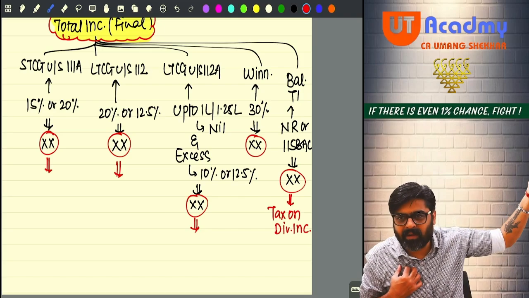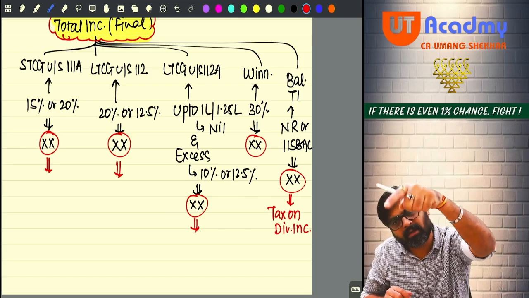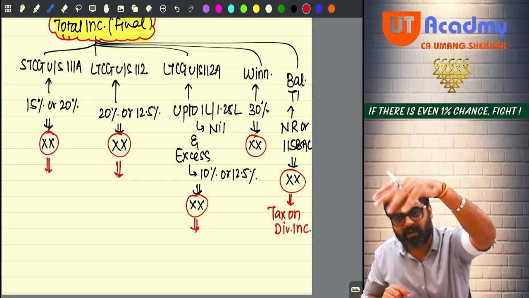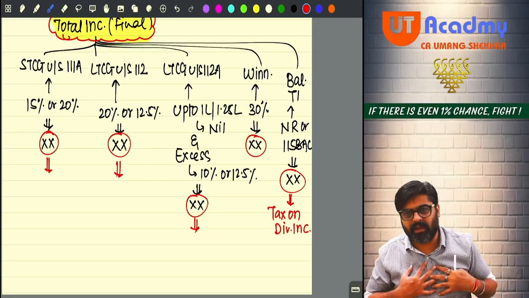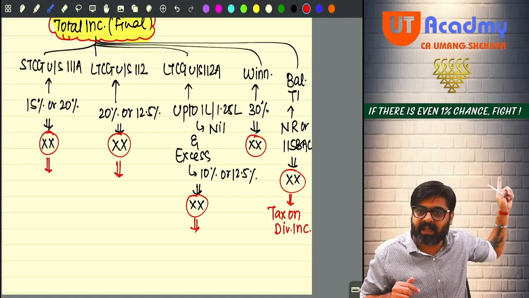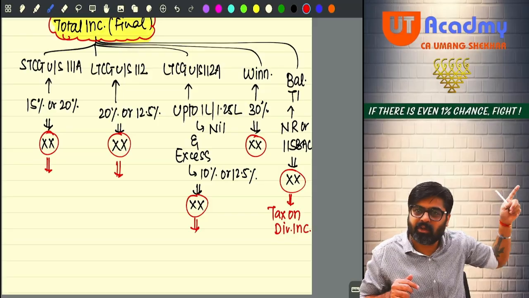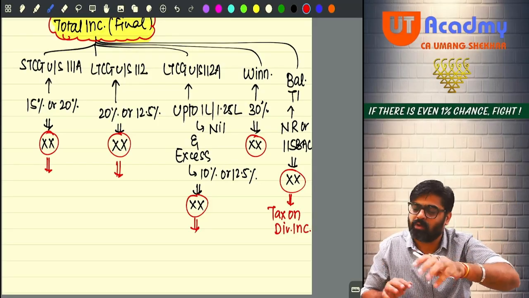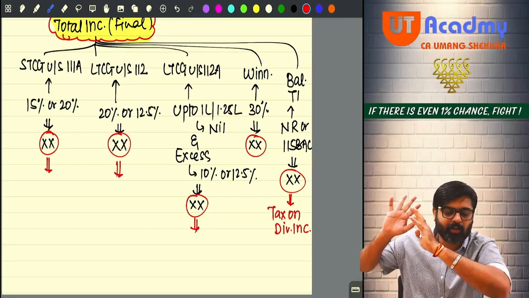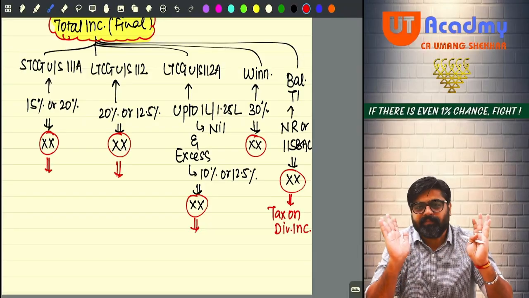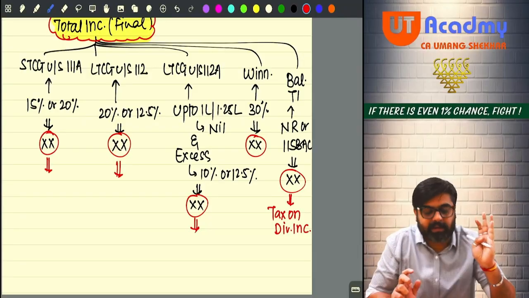I can tell the government that the income is already taxed in the hands of Kaushik, so don't charge tax on the fees Kaushik gives me. Can I tell that? So you are saying the same thing. So don't go into that zone right now. Please stay here and pay attention.